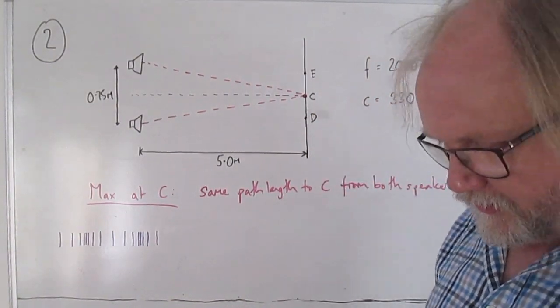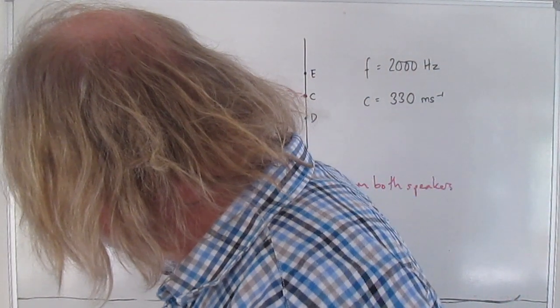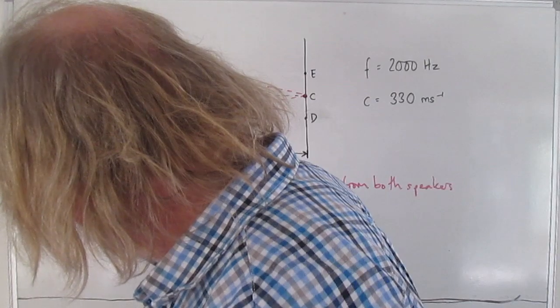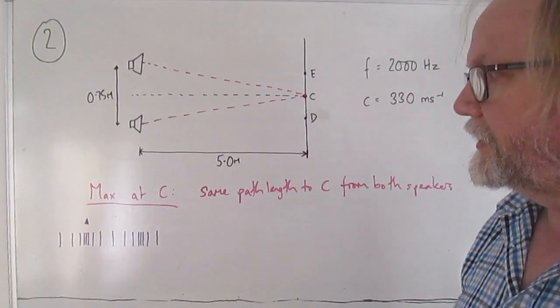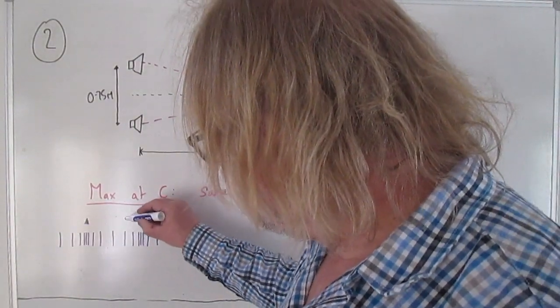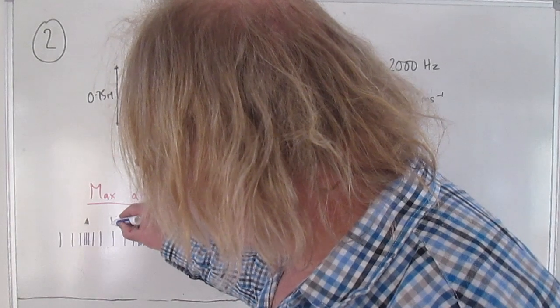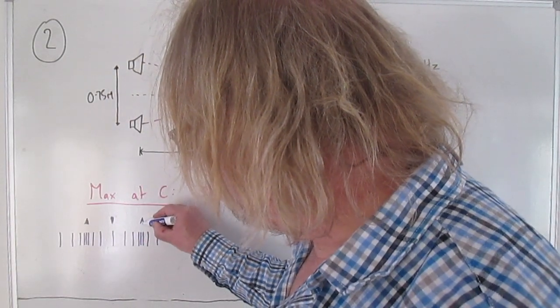painful to draw, but if we just use a sort of shorthand representation and say, right, so let's mark this point where they're maximally compressed, like that, as the wave goes along, and then this point where they're maximally rarefied, like that, and then like this again.